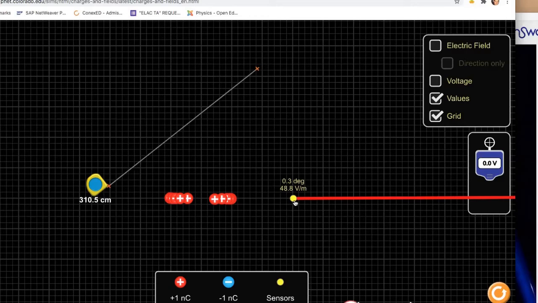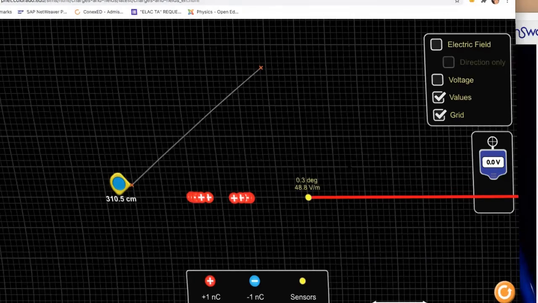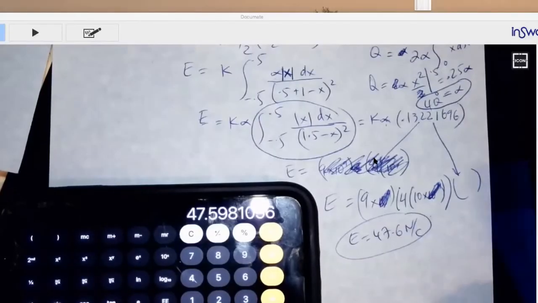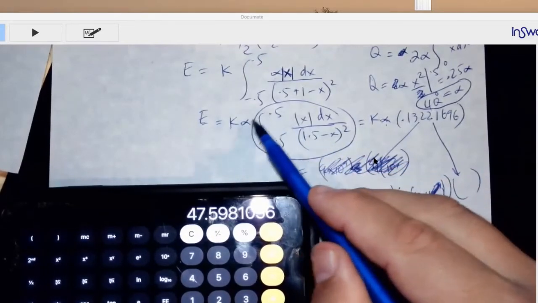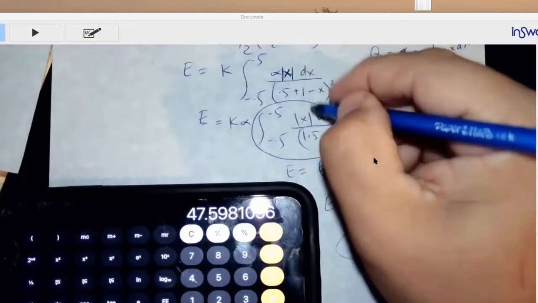So how would you do the square function? What would change? What would change for the square function? This integral will just be k alpha x squared, right?